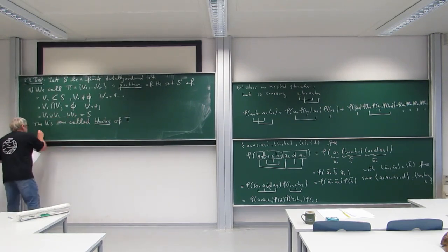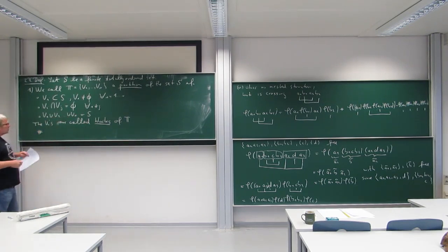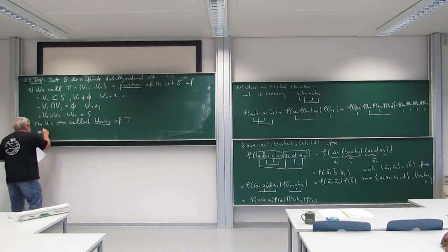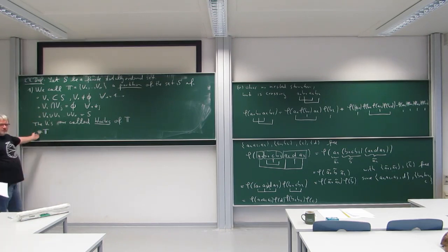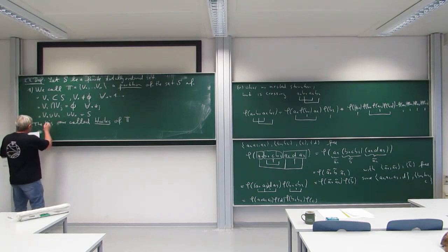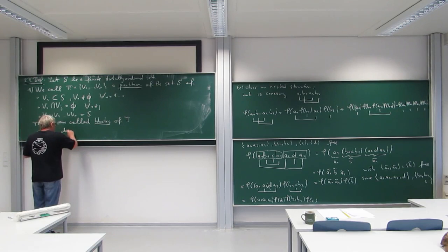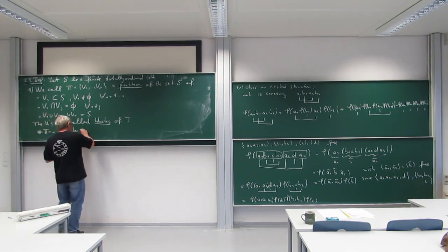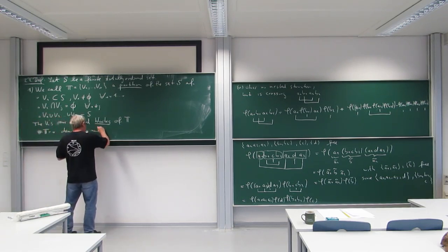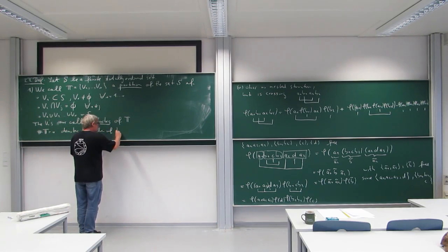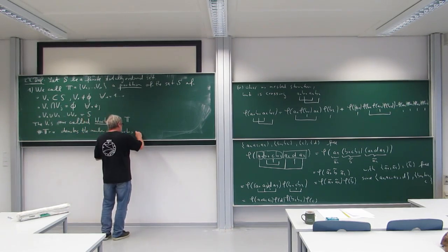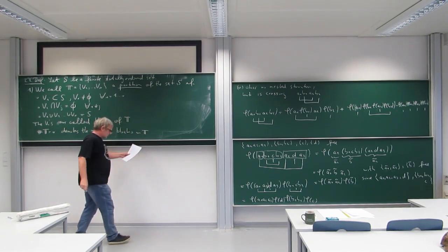And if we want to know the number of blocks, which is R in this case, we also denote this by this symbol. That's the number of blocks in pi, which of course in this case is just R.